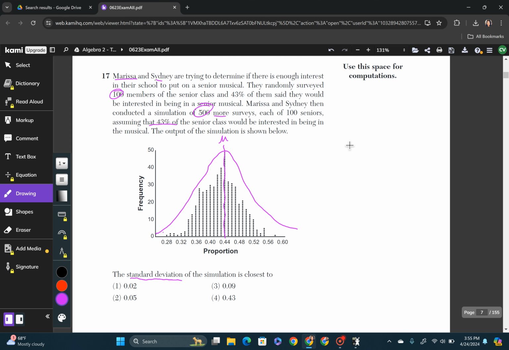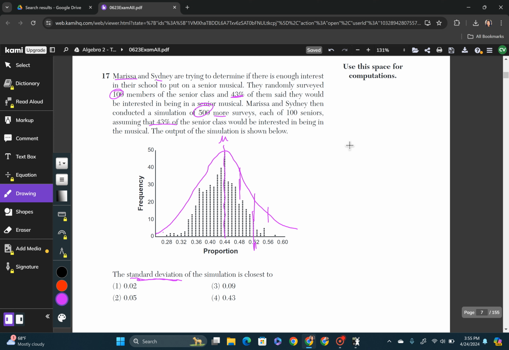Okay, cool. And the question says they want us to know what is the standard deviation. So let's take a look at this. If we estimate, this is about 1 standard deviation, 2 standard deviations, 3 standard deviations. So if this is about 2 standard deviations, 0.52 is 2 above.